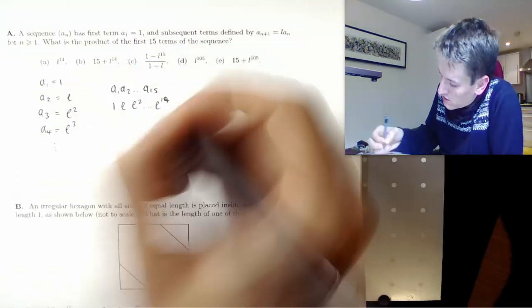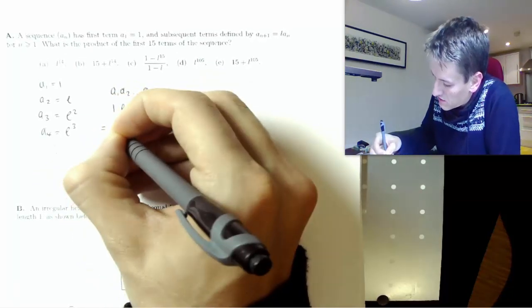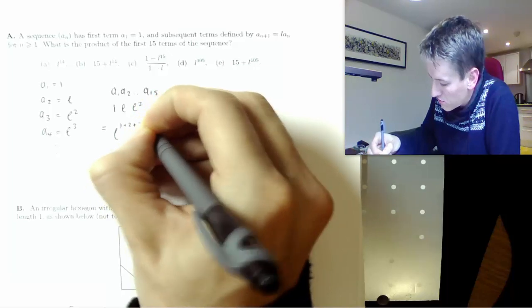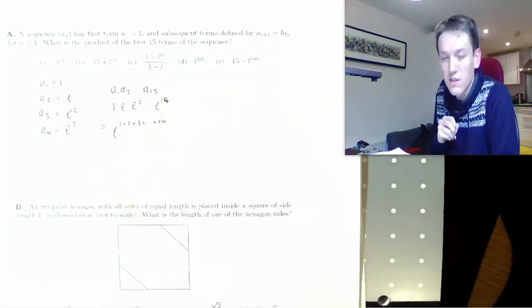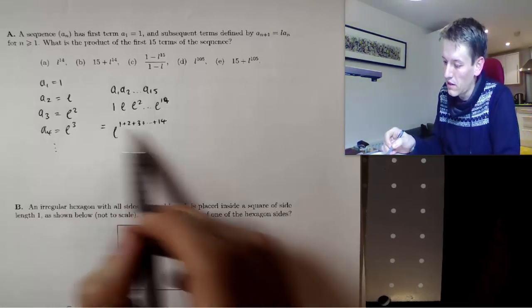And so by the rules of indices, we know this is just L to the power of 1 plus 2 plus 3, etc., all the way up to 14. So actually the relevant result here is not really about geometric progressions, but about arithmetic progressions.